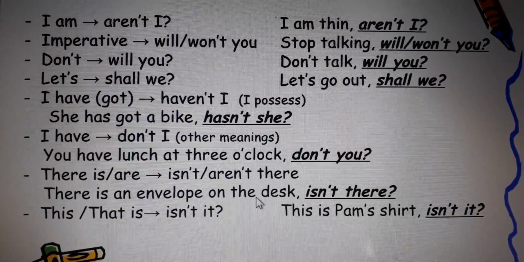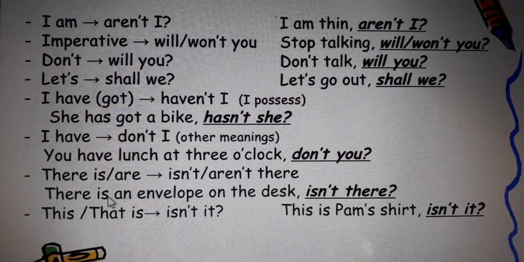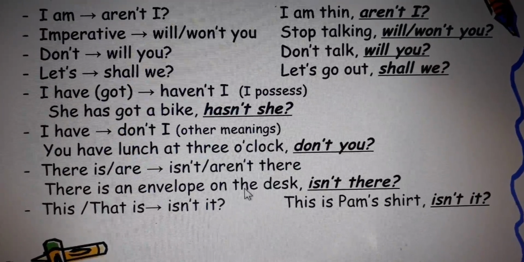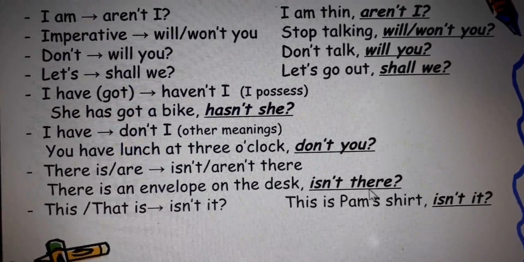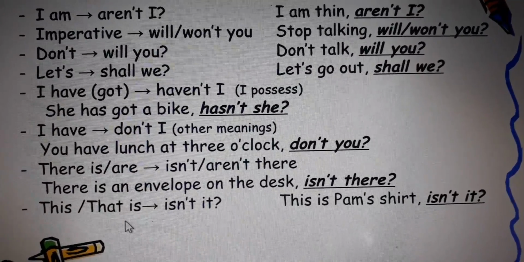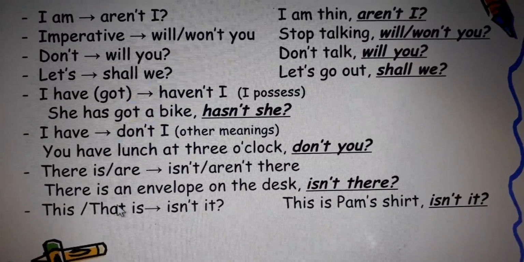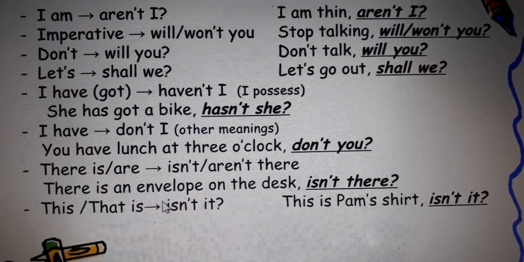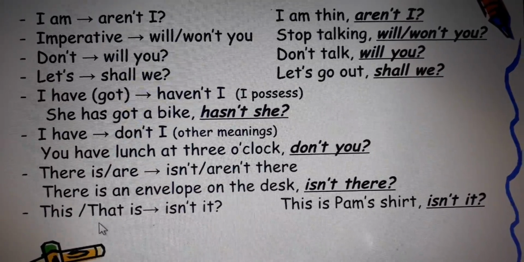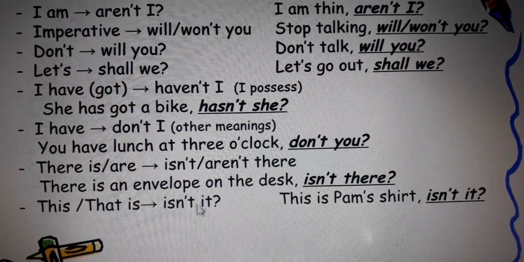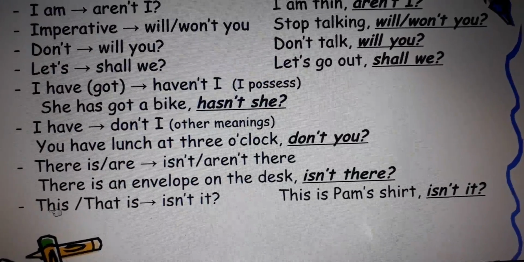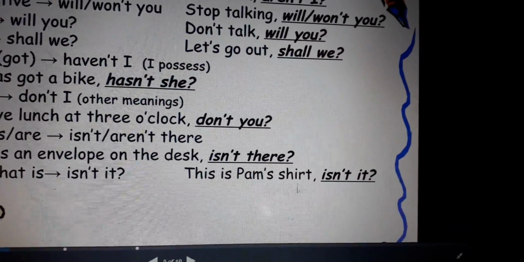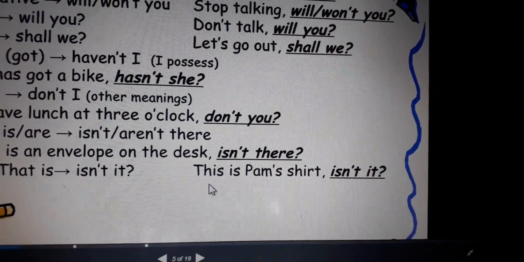There is an envelope on the desk, isn't there? It is a positive sentence, so we provide a negative question tag. Now if the subject is this or that followed by the helping verb is, you are going to write isn't it. See the example: This is Pam's shirt, isn't it?